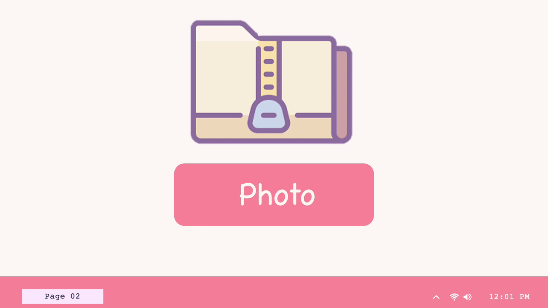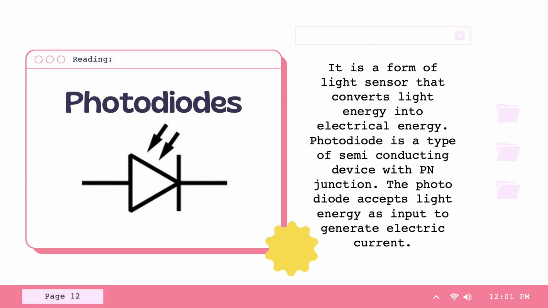Next, we are going to discuss the photodiodes. It is a form of light sensor that converts light energy into electrical energy. Photodiode is a type of semiconducting device with a p-n junction between the positive and negative layers. An intrinsic layer is also present. The photodiode accepts light energy as input to generate electric current.